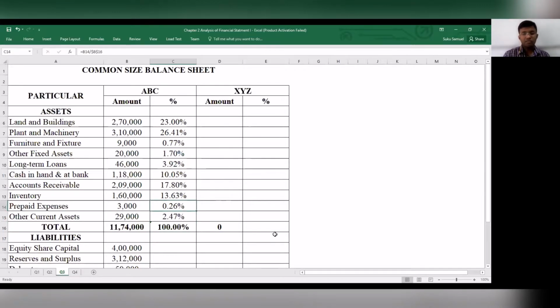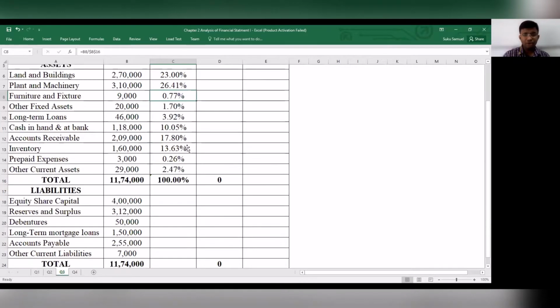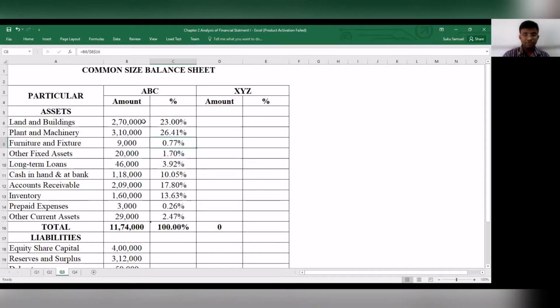When you work it out, you would notice that the percentage works out to be like this. So land and building is 23%, plant and machinery is 26.4%, furniture and fixtures is 0.7%, and it goes on like that. So I've just completed it for the assets of ABC.